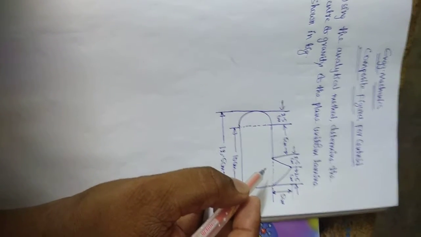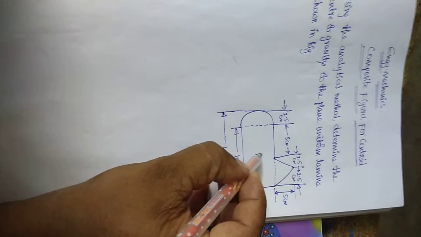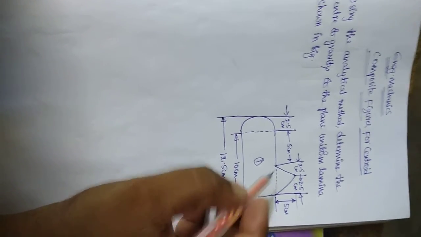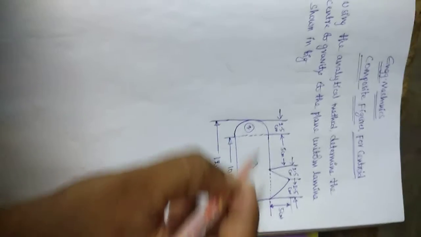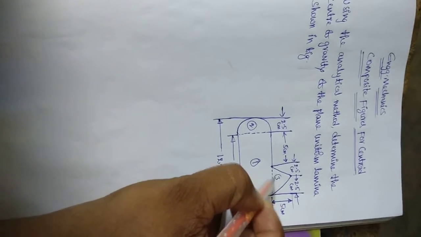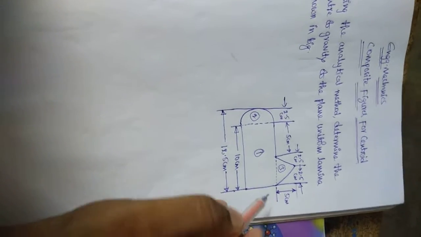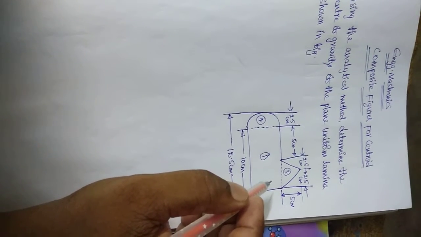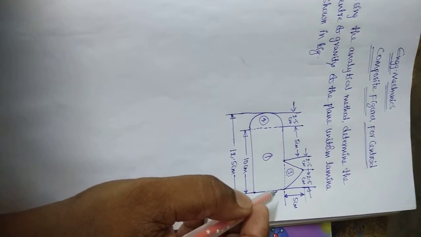First I am considering the square as the first figure, the semicircle as the second component and the triangle as the third one. By observing the figure, first we need to split the given figure into three components.